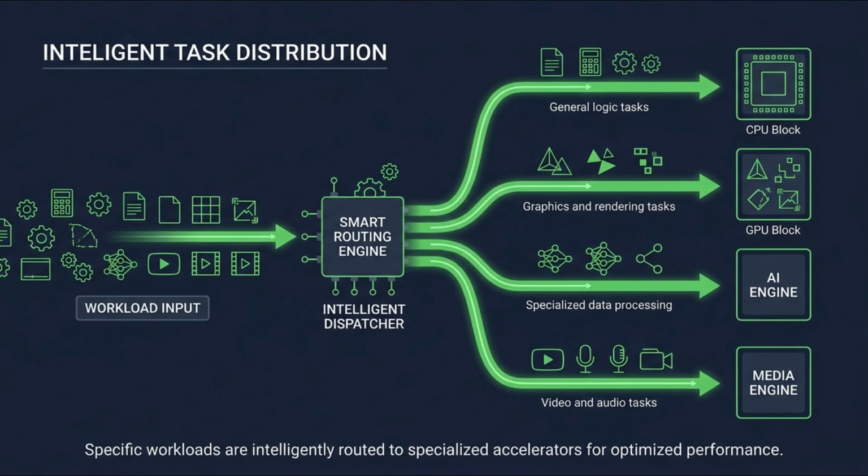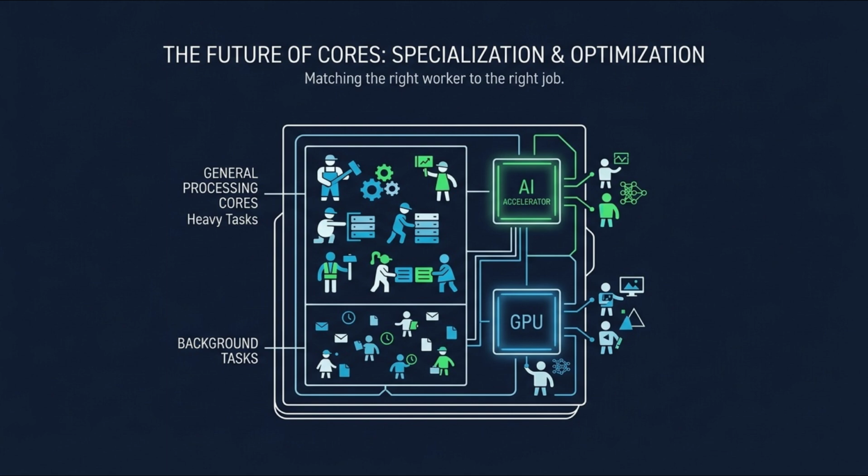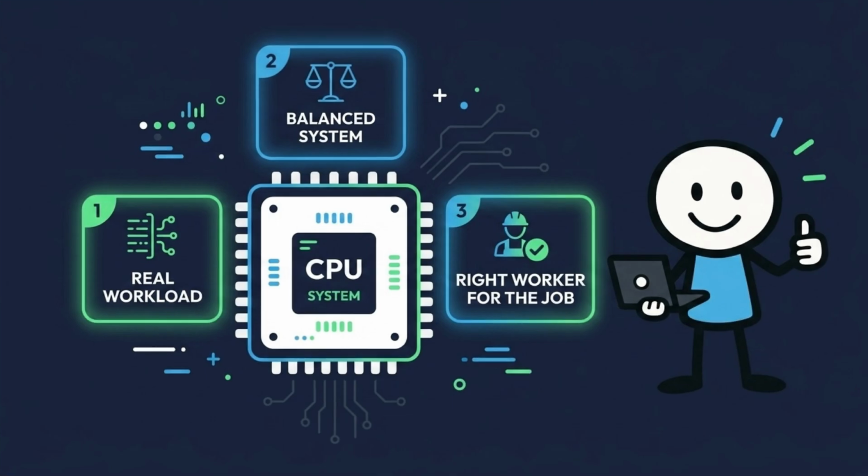For example, some tasks may be handled by the CPU, some may be handled by the GPU, and some may be handled by dedicated AI or media engines. So the computer is becoming less like one giant brain and more like a team of specialists. The future of CPU cores is not just about having more workers. It is about knowing which worker should handle each job.